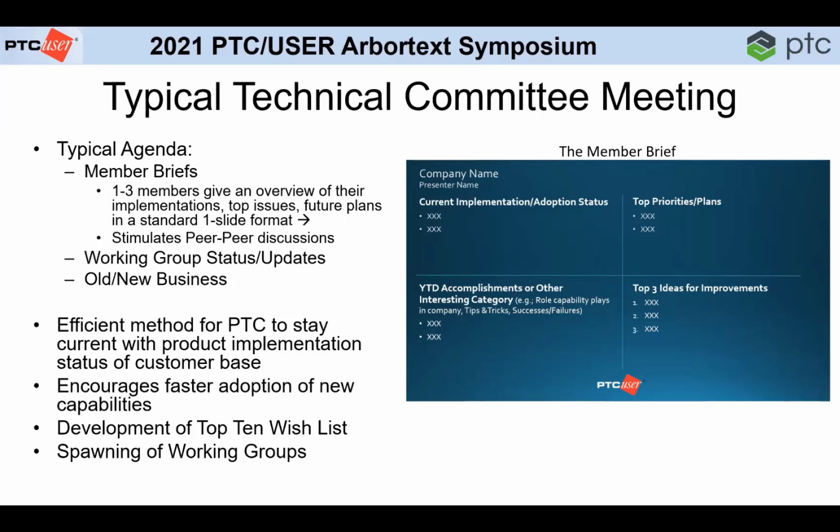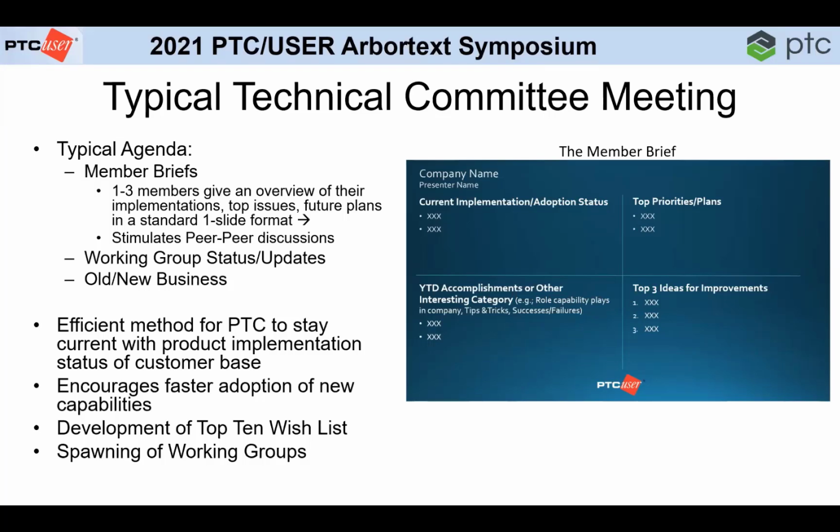Within that, we have a couple of things that we've been talking about. We've been talking about developing, I'm calling it a top 10 wish list here, but it's really a wish list of things that we'd like to see the product do, or the direction the product would go. As we meet and go forward, we'll generate this list and we'll prioritize it.